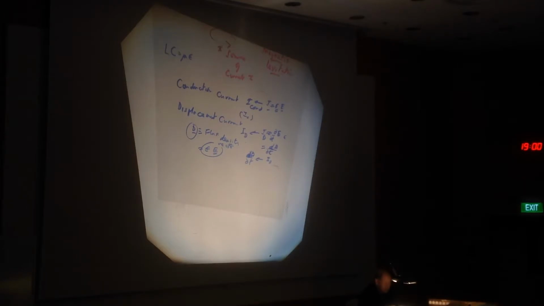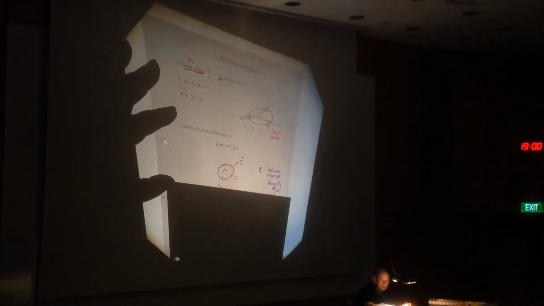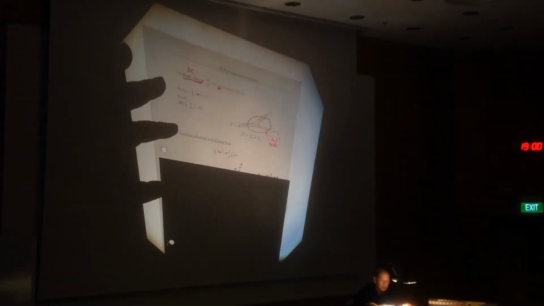So we saw already just now, integral J dot dS, what is it? We saw this.